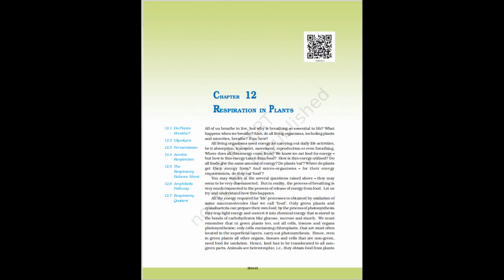Hence, ATP acts as the energy currency of the cell. This energy trapped in ATP is utilized in various energy-requiring processes of the organisms, and the carbon skeleton produced during respiration is used as precursors for biosynthesis of other molecules in the cell.